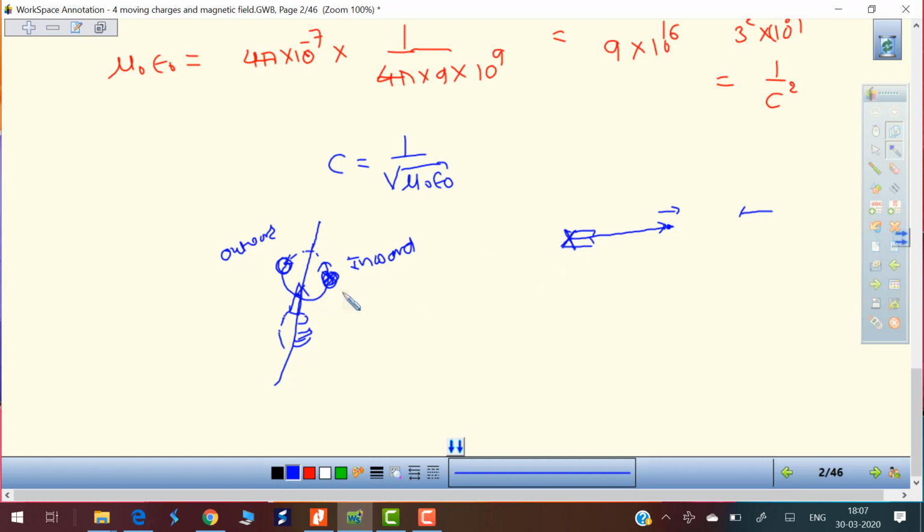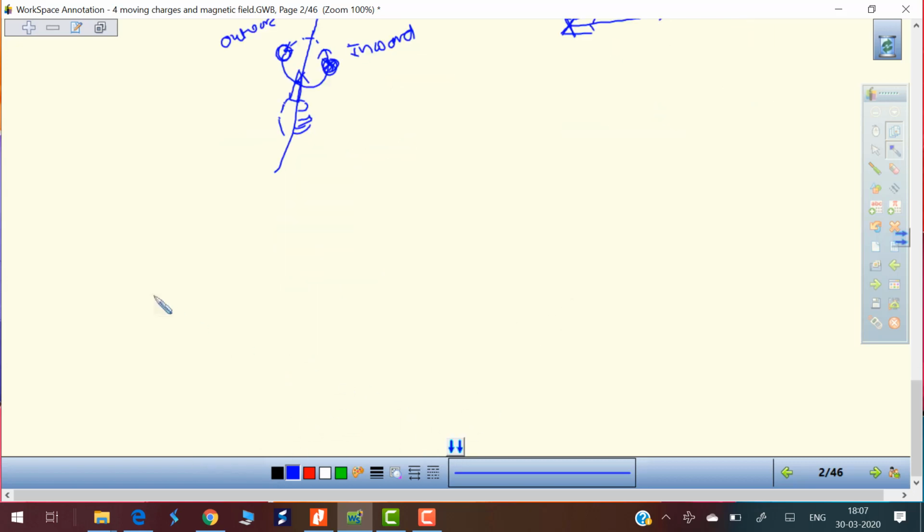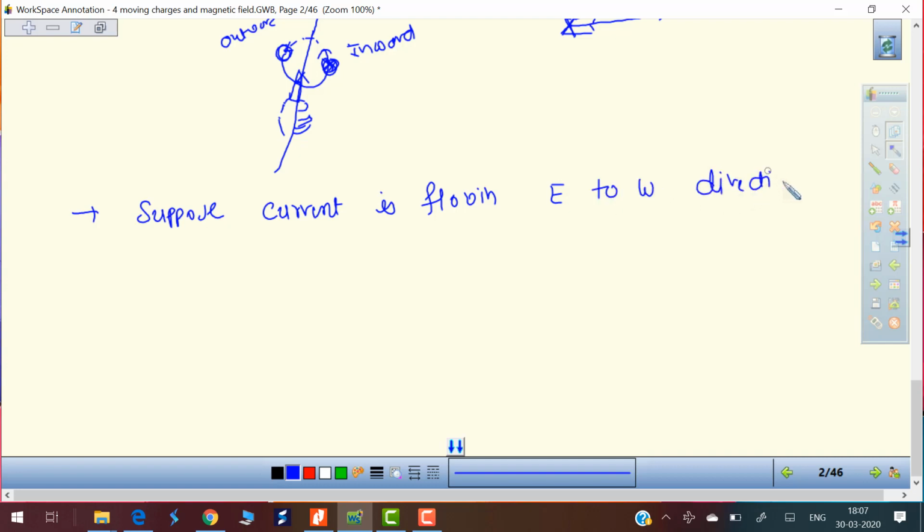Okay, so there are different techniques to find the direction of the magnetic field. I take two or three examples. Suppose current is flowing in the east to west direction.